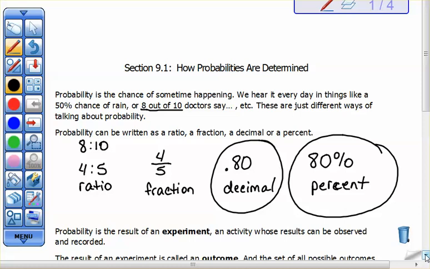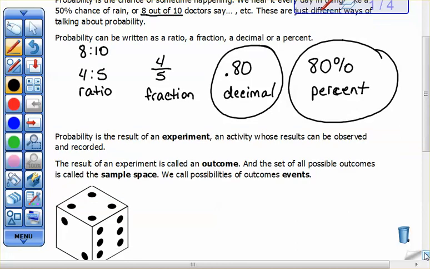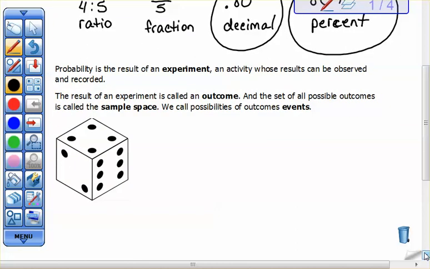Okay, let's talk about some vocabulary and get into the idea of what probability is. Probability is based on the result of an experiment, some sort of activity where you can observe the results and record them.